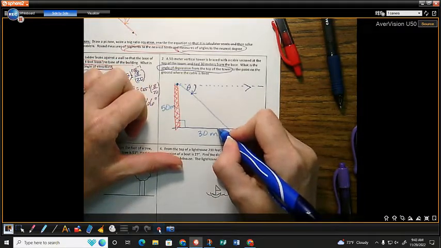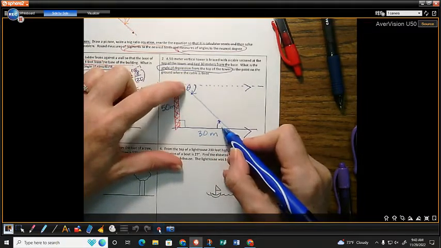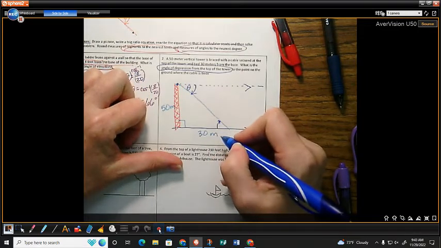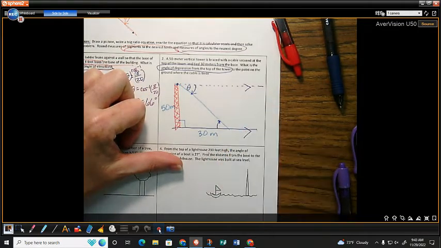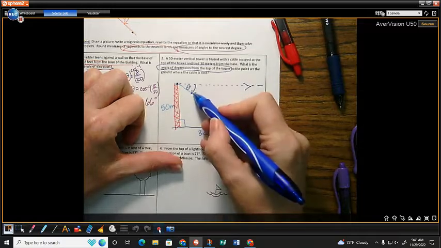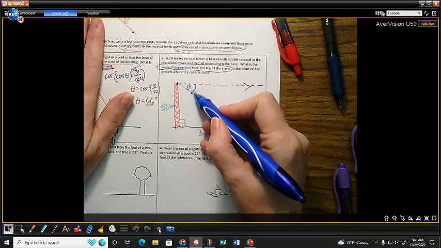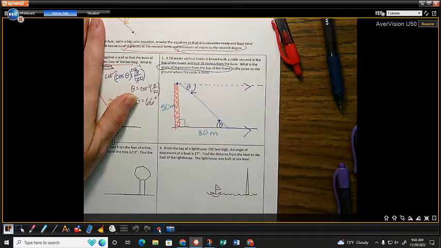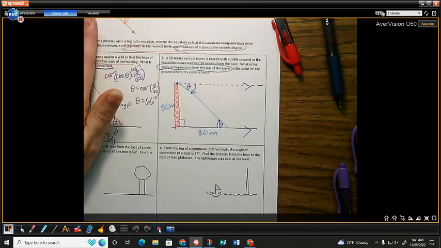What does it tell us about these alternate interior angles? They're congruent. So if I want this angle of depression up here, it's going to be congruent to this angle of elevation down there.